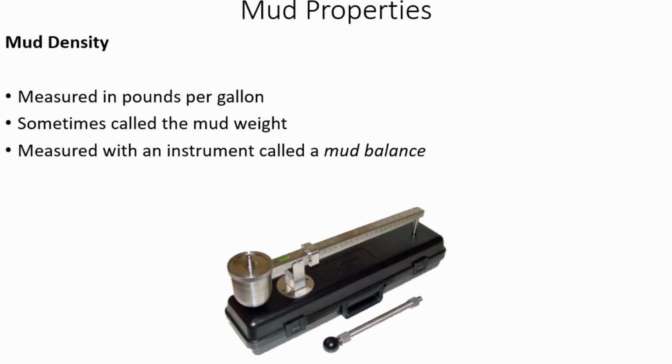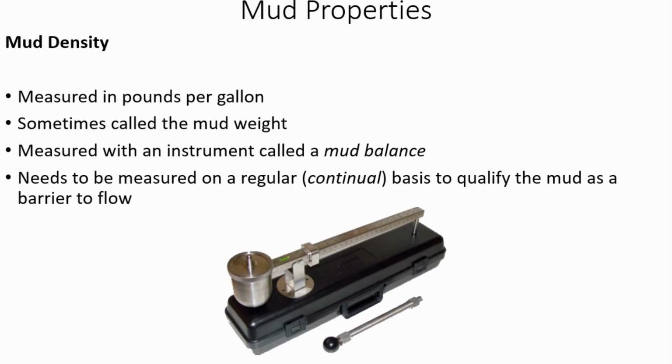So here we've illustrated a pressurized scale, and it needs to be measured on a regular or continual basis to qualify the mud as a barrier to flow. So in order to qualify the mud as a barrier to prevent a blowout, the mud weight needs to be measured continually.